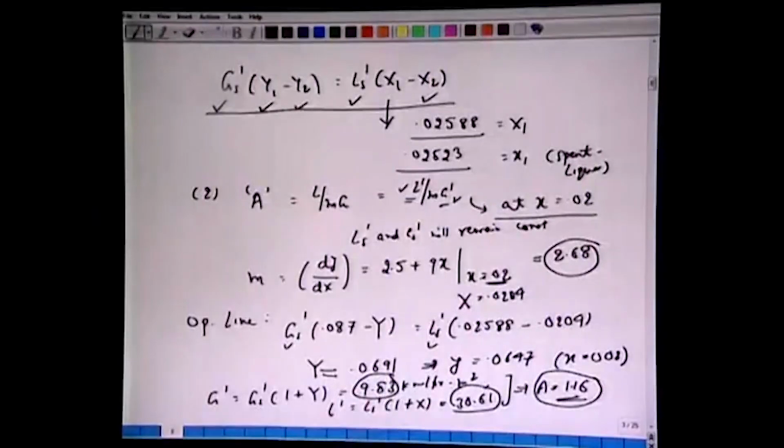LS by GS will remain the same because individually they remain constant along this absorption length, on a solute-free basis. So in this example the question was to calculate the absorption factor L by mG at the location where the mole fraction in the liquid phase is 0.02.